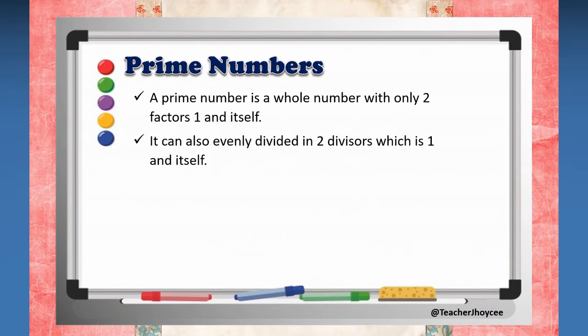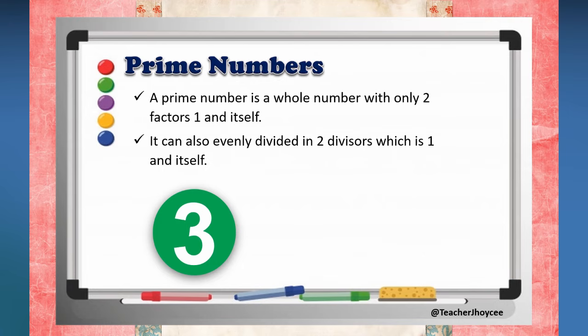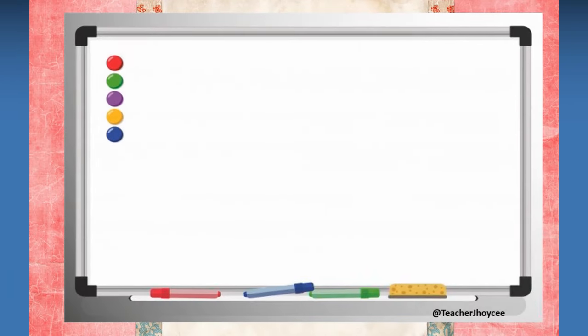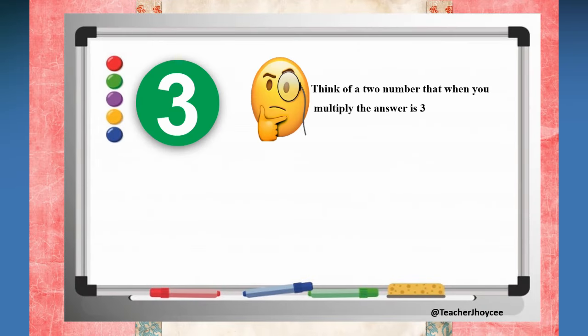A prime number is a whole number with only two factors, 1 and itself. It can also be evenly divided by two divisors, which are 1 and itself. Let's have an example. We have 3. Is it a prime number? To find out, let's think of two numbers that when you multiply, the answer is 3.